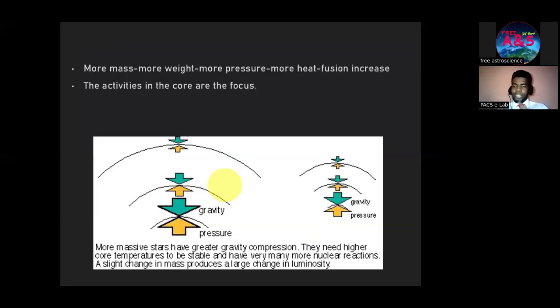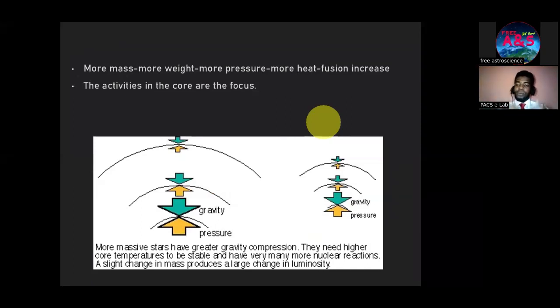Another important thing that I made mention of is this. I showed this slide and said, if you have two stars, one very massive and one less massive, the massive star is going to have more weight with respect to the core, not at the surface, with respect to the core.